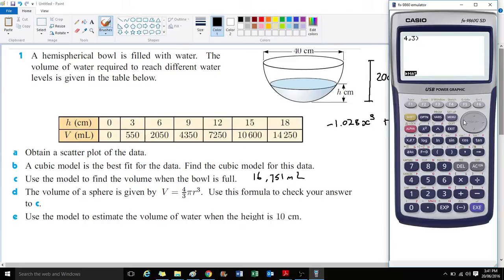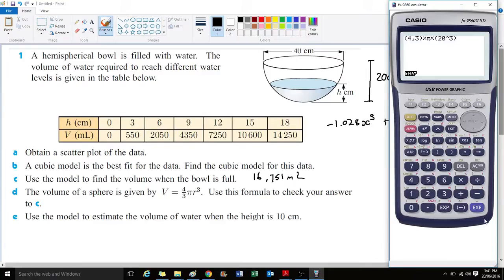I'll put that in brackets just so you can see what's happening. We've got 4 on 3 times pi times radius to the power of 3, and the radius is 20. I'll put that in brackets just to get our maths right.